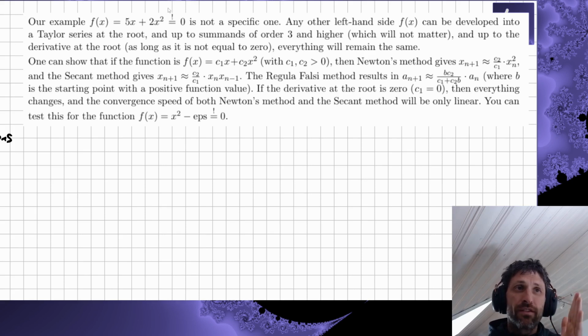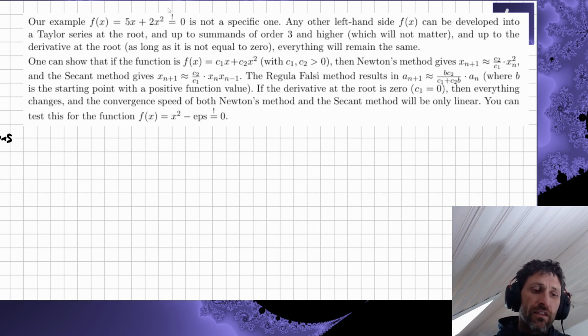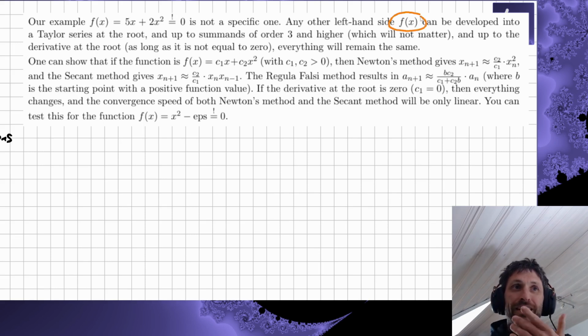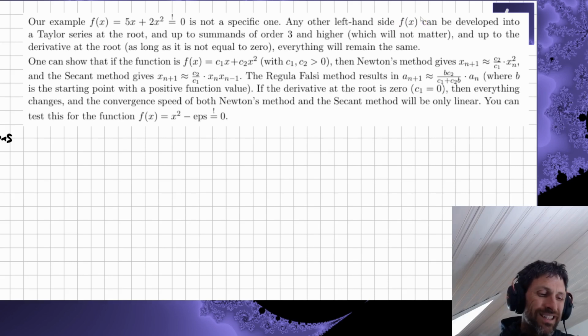But as long as the first and the second derivative at the root are non-zero, this analysis holds true, because you can develop every analytic function in a Taylor series, and then you have a first and a second derivative, and that means there was nothing special.